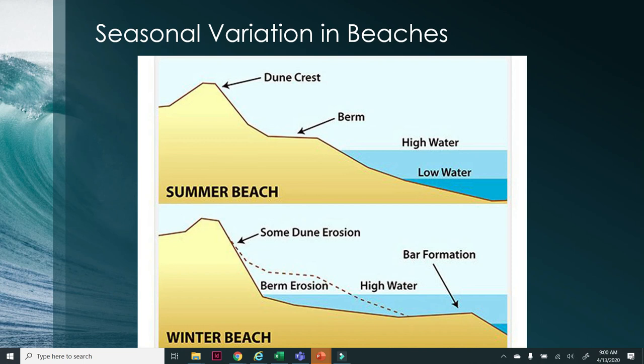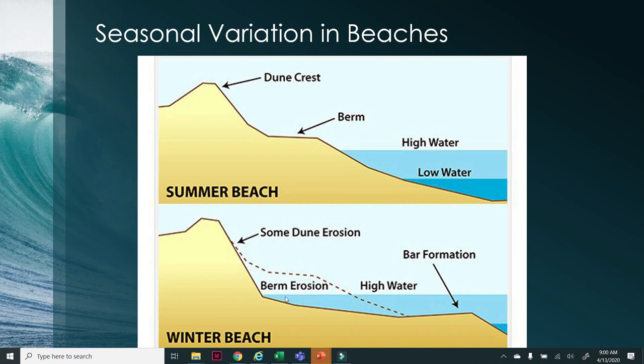We have them more often than we have them in summer. And so what happens is there's so much energy being brought to the beach by waves that water actually carries the sand away rather than carrying it in. So this is the profile of what we would see in summer.